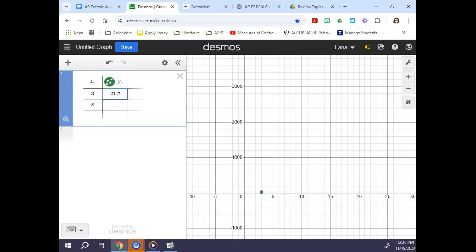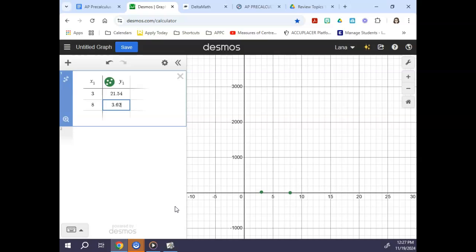Always double check everything after you have typed it in to make sure you didn't hit the wrong thing, or that you didn't forget to hit enter like I just did. Oh my gosh. 21.54 and 3. Sorry, I've gotten a little bit faster on this, but not really.